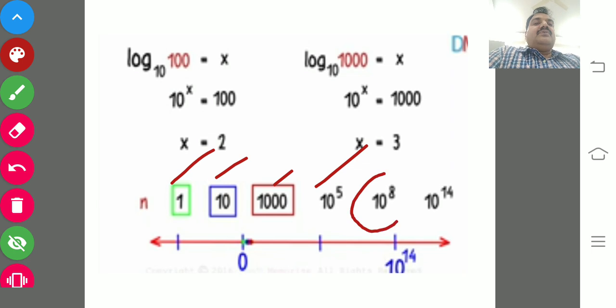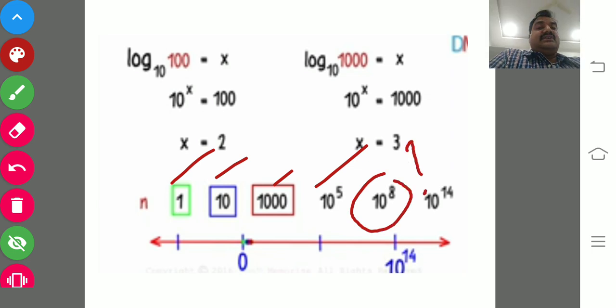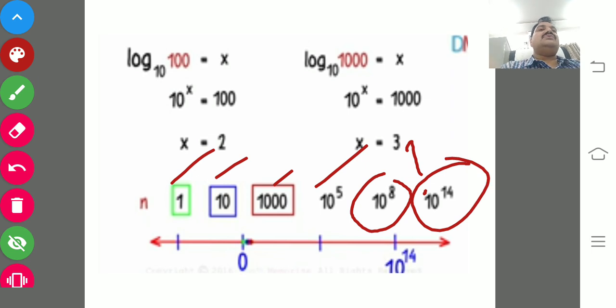And 10 power 8 is rarely used. It's a scientific notation, like the distance between the earth and the sun, approximately 10 power 8. Do you know or not? And 10 power 14 is the huge number of cells in the human body.